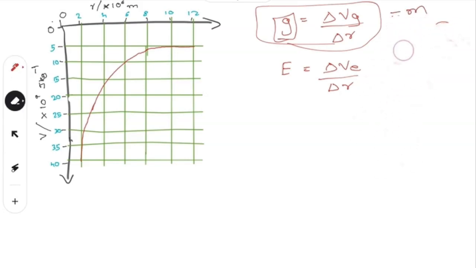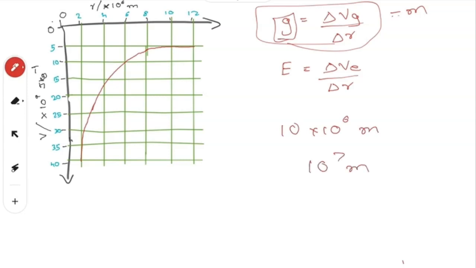So, when is the gradient of this graph equal to 0? Well, it's at about this point. It comes close to 0. And so you can approximate and say that it is 0 at a minimum distance of, well, 10 times 10 to the power 6 meters, or 10 to the power 7 meters.